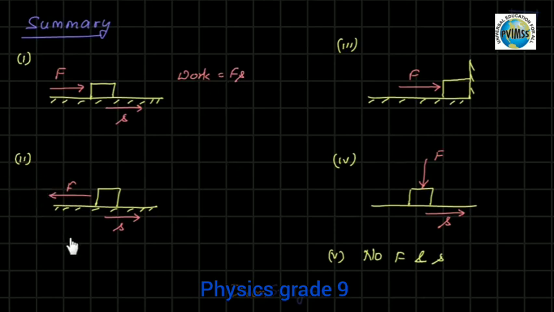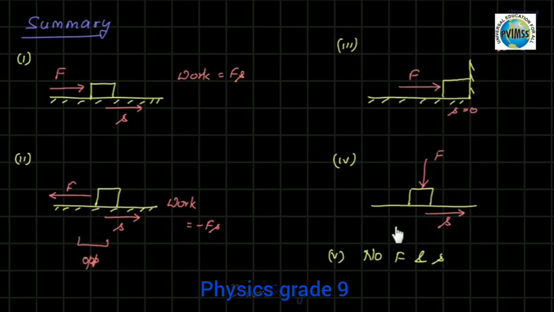In the second point we studied that force and displacement are in opposite directions, opposite to each other. So W is equal to what? Minus Fs, because they are opposite to each other. In the third, we studied that only force is applied and there is no displacement traveled by the body, so work is equal to 0.